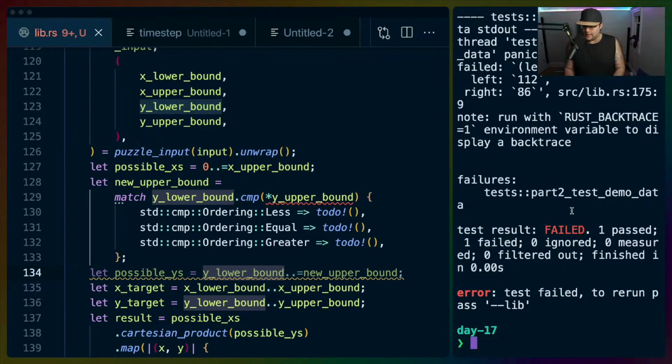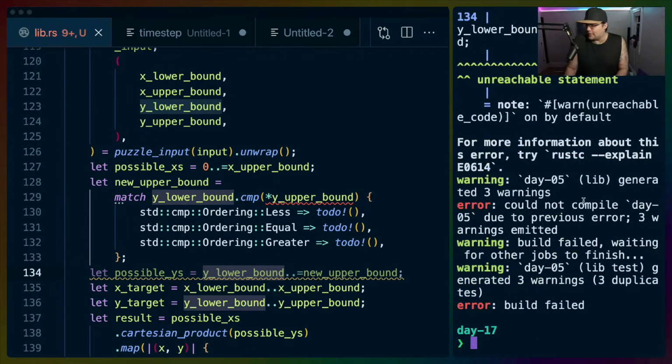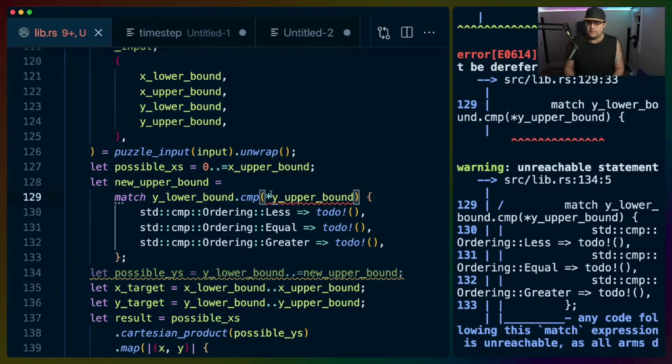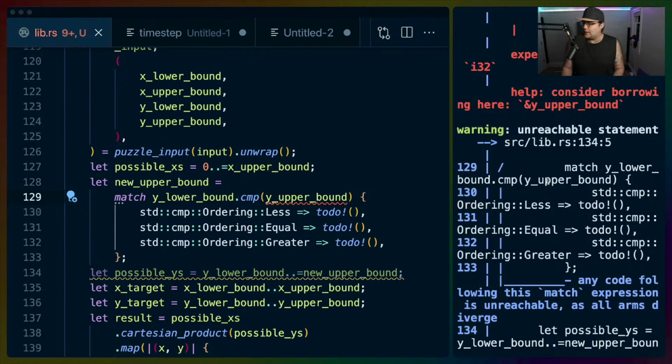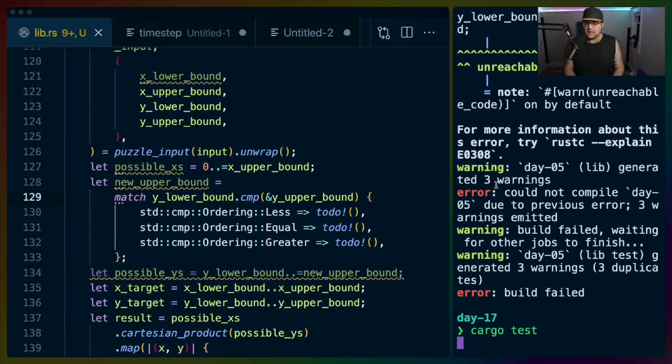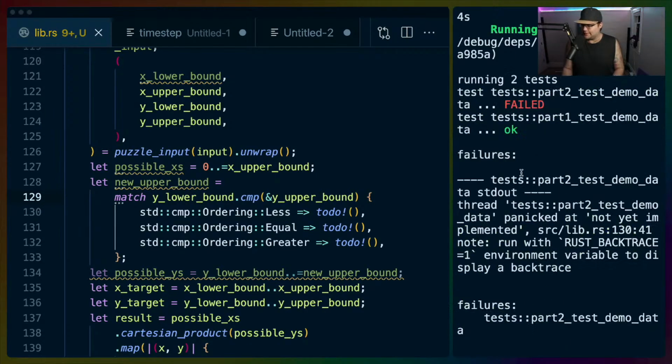What did I do wrong here? Hang on. Before I do this, i32 cannot be dereferenced, so we just need that. Yet if we do that, then you get angry. Why did it change from... Oh, I guess the upper bound isn't what we were using before. Okay, that's fine.